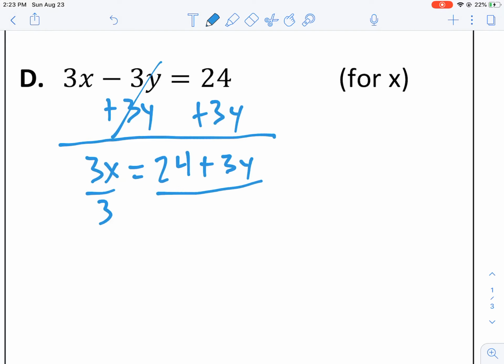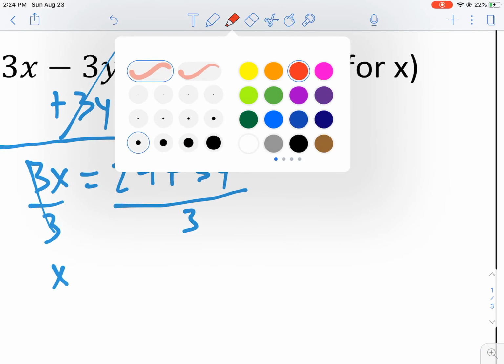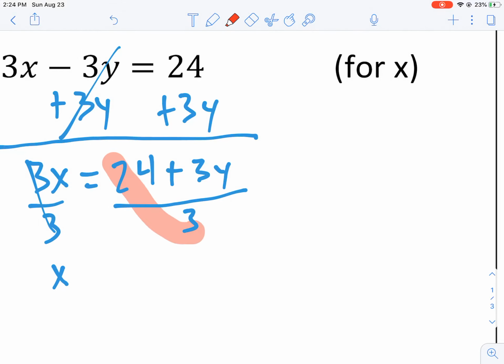And this is where we can actually do some simplifying on the right side. So we have two coefficients here. We have 24 over 3, so 24 divided by 3, that's 8. And then we have 3 over 3, which is 1. So that means we're going to have just plus 1y, so just y. And that would be our answer.